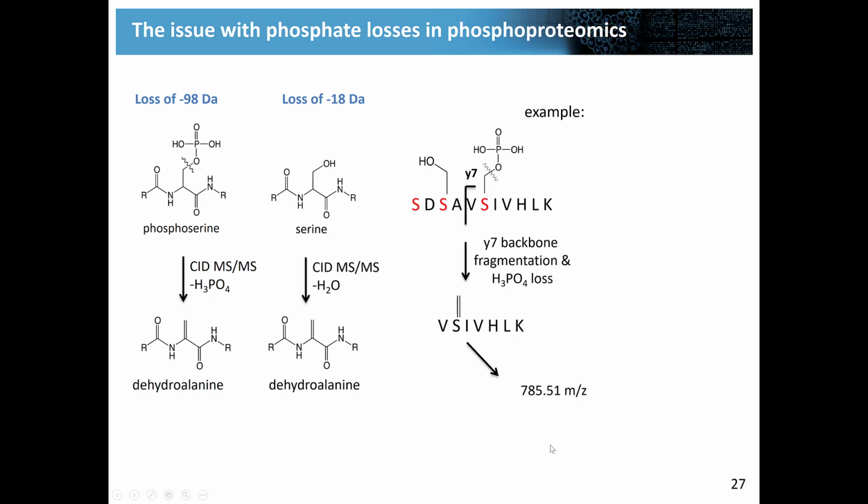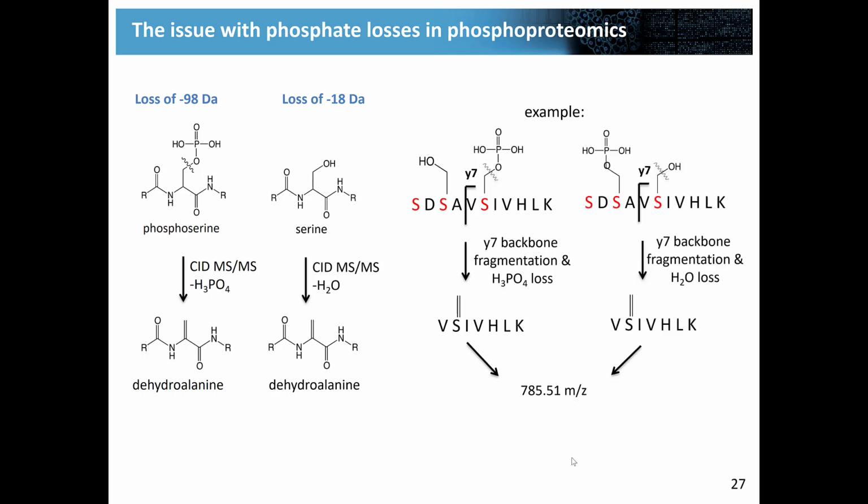So if you see this mass, if you use this fragment ion or this transition in an SRM assay to verify or to validate the phosphorylation position, this would be very dangerous, because if you would have exactly the same peptide present phosphorylated at this serine here, the same fragment ion can also be generated by a water loss of that serine. You will end up with the same fragment ion.